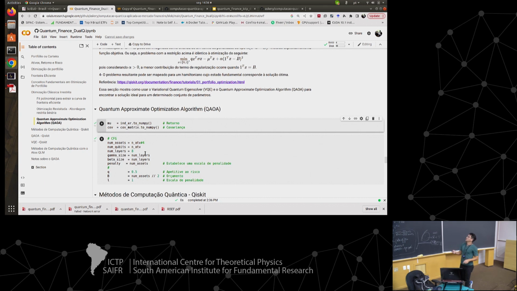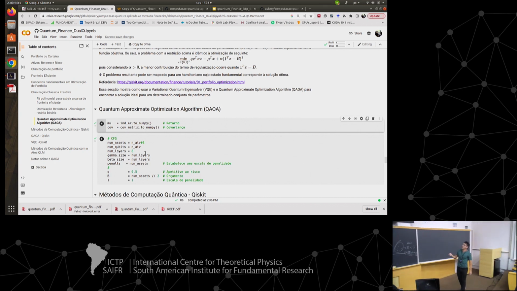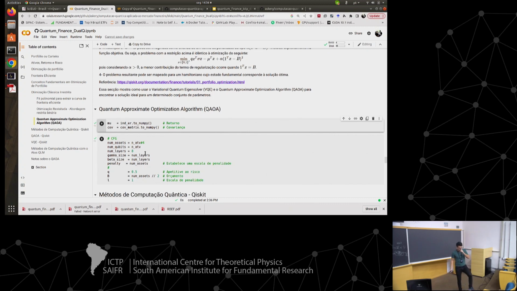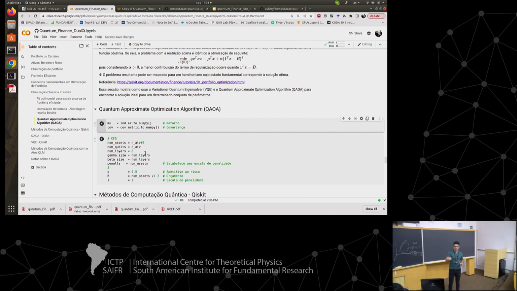And what I'm doing here, as I told you, this code is not a full implementation of QAOA. If you want the full implementation of QAOA, it's in the other notebook of this project. There we have a full implementation of QAOA, completely made by hand, and only for the QLM simulator.